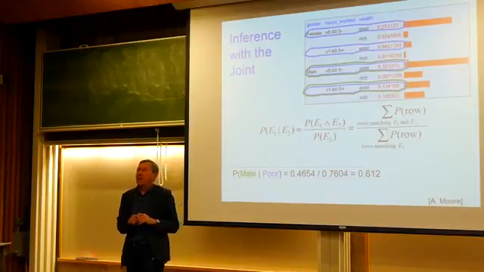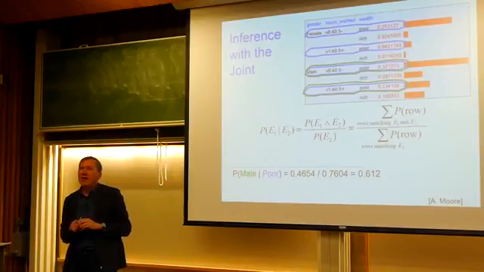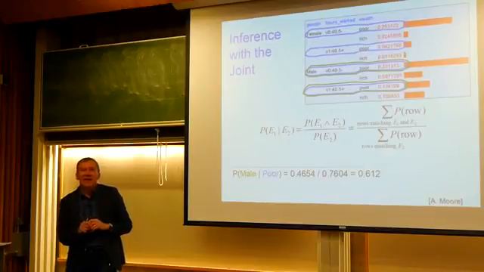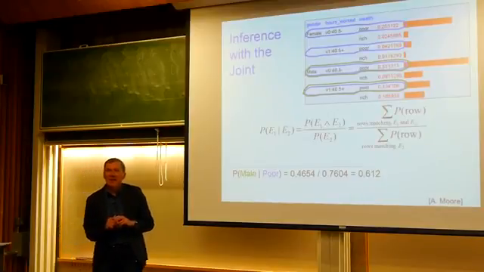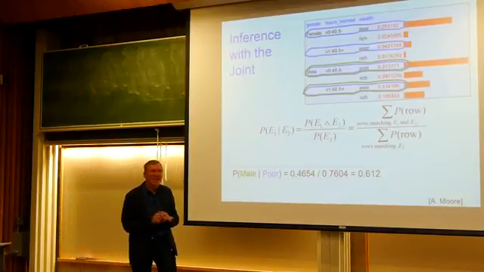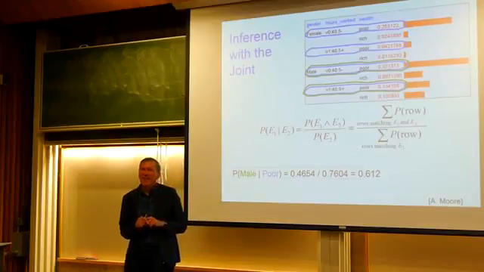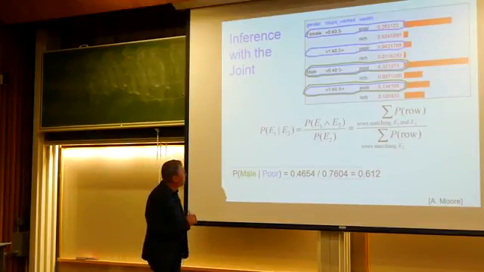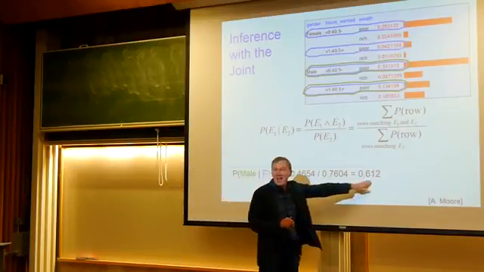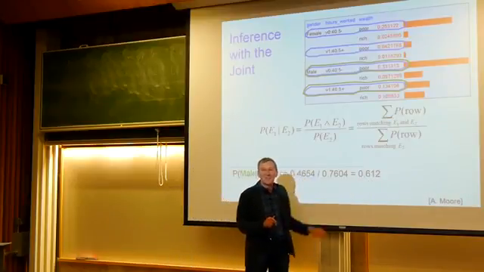What's the probability of female given poor? 1 minus that? 0.76 minus this? No. It is actually 1 minus this, right?